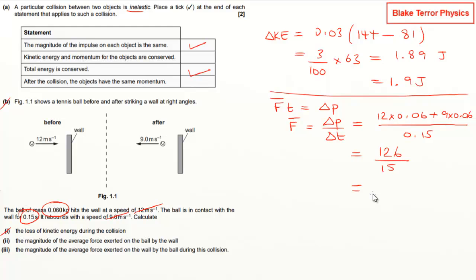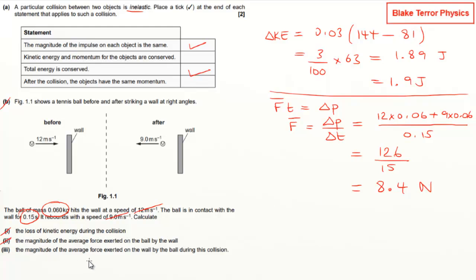What's that all in all? 6 fifteens are 90, then we've got 8 of them and 6 fifteenths left, so it's 8 and 2/5, 8.4 newtons.